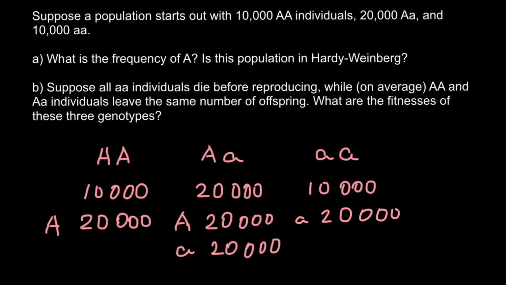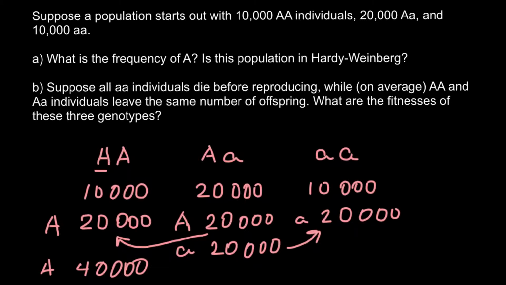Now we have to combine this number of dominant alleles with this number. We are going to get a total number of dominant alleles that equals 40,000. Once again, 20,000 here and 20,000 here in the heterozygous genotype.